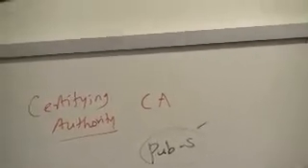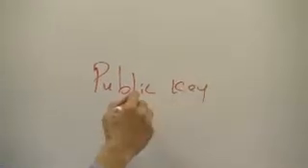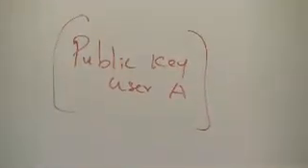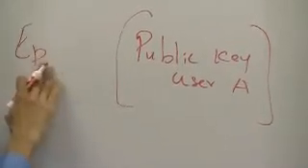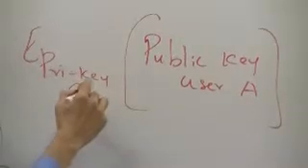So that person certifies your public key. And it's nothing but, as we'll see soon, the public key of the user. If I want to get a public key certificate for user A, it's the public key of user A encrypted with the private key of the certifying authority.